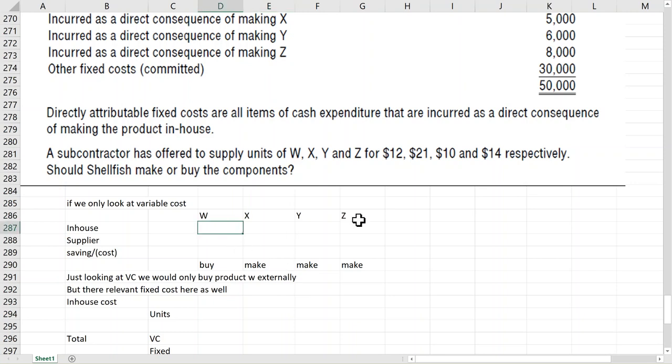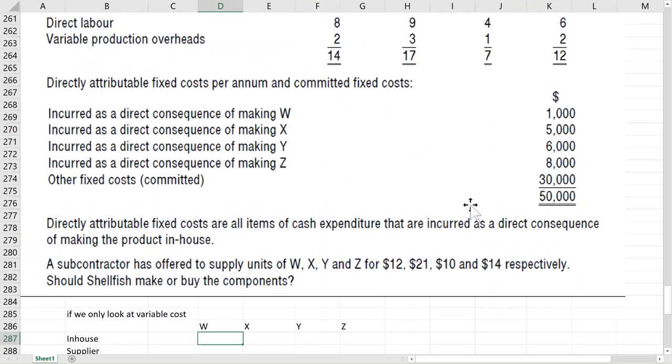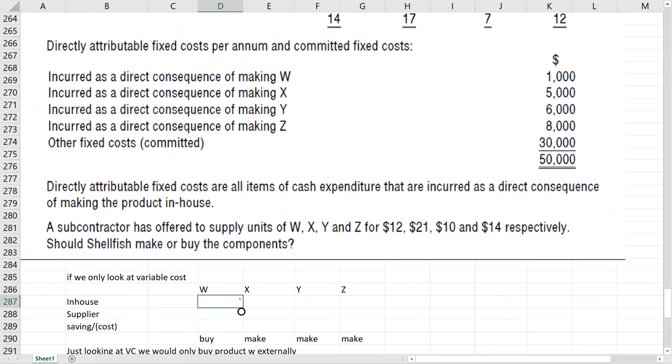Okay, the cost of in-house without looking at the fixed cost. If we don't consider the fixed cost at all, we have 14, 17, 7, and 12. And then the supplier has offered 12, 21, 10, and 14.